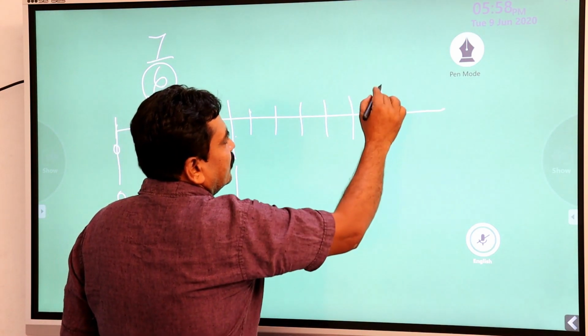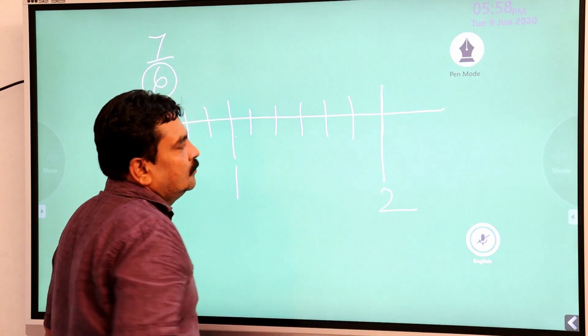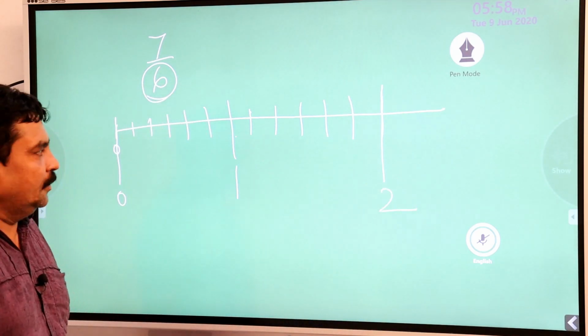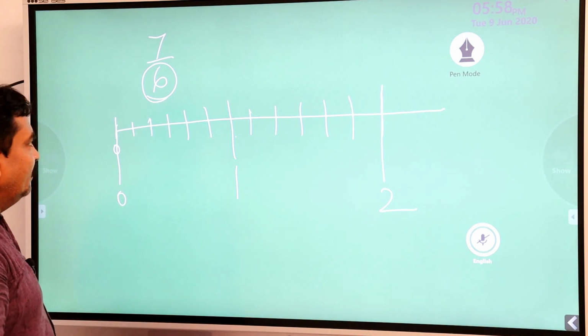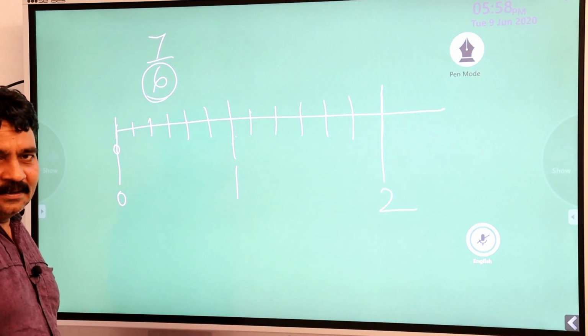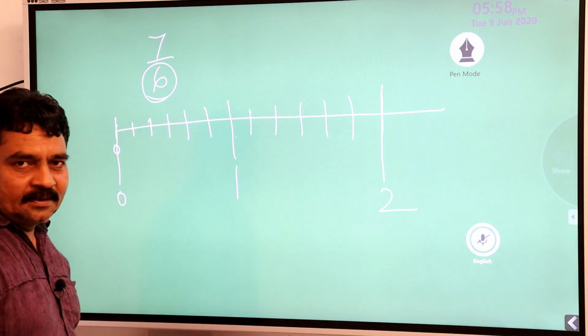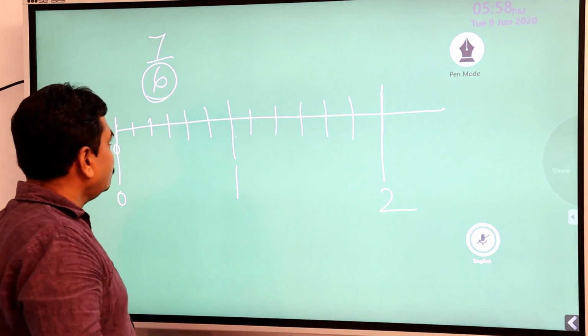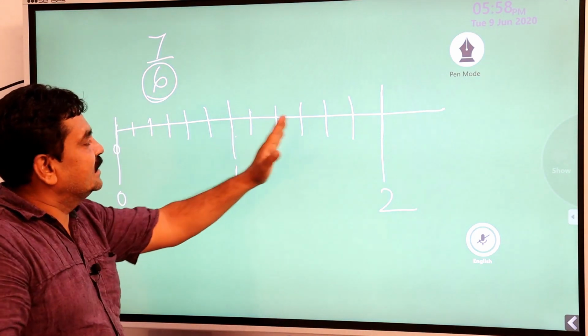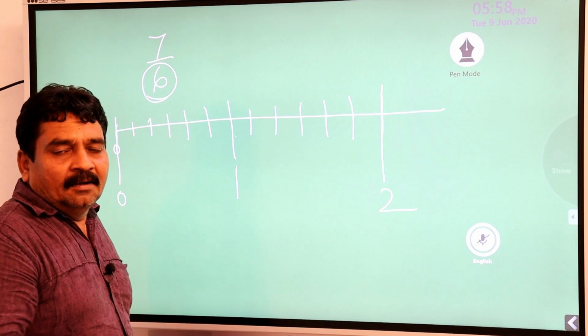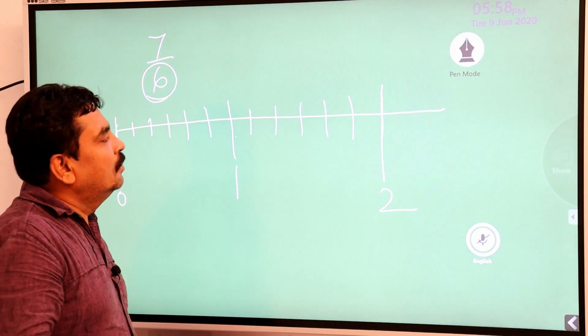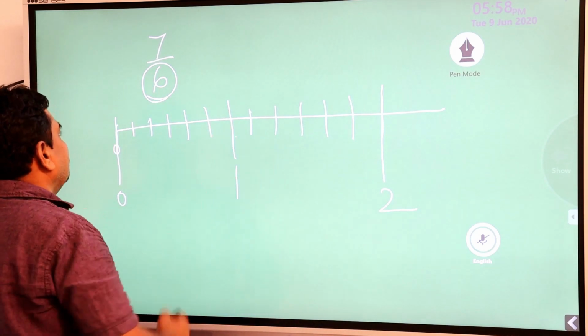This is 6. This is a number line. You have 6 parts between the consecutive numbers. Now you represent 7 by 6, where, on which mark.